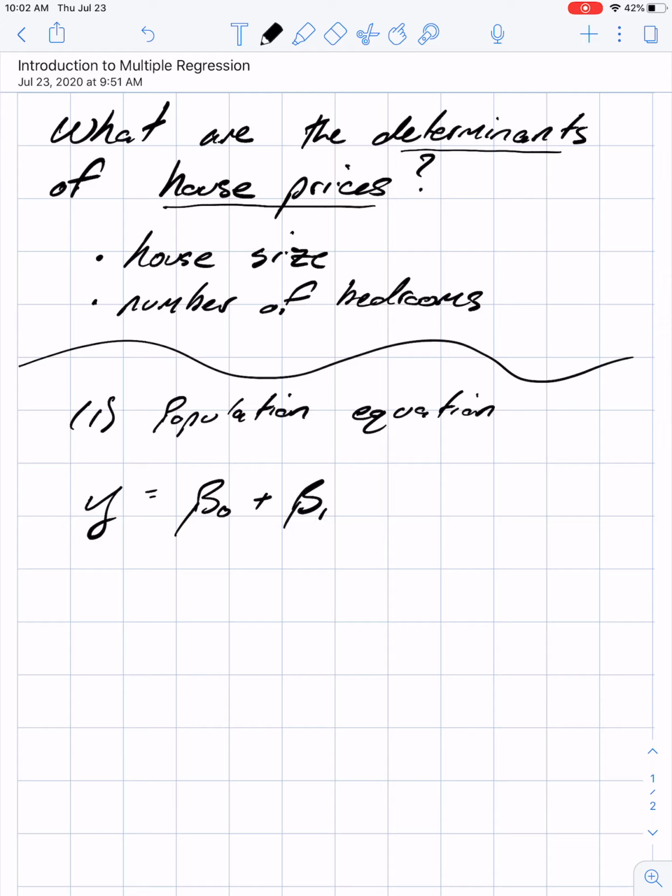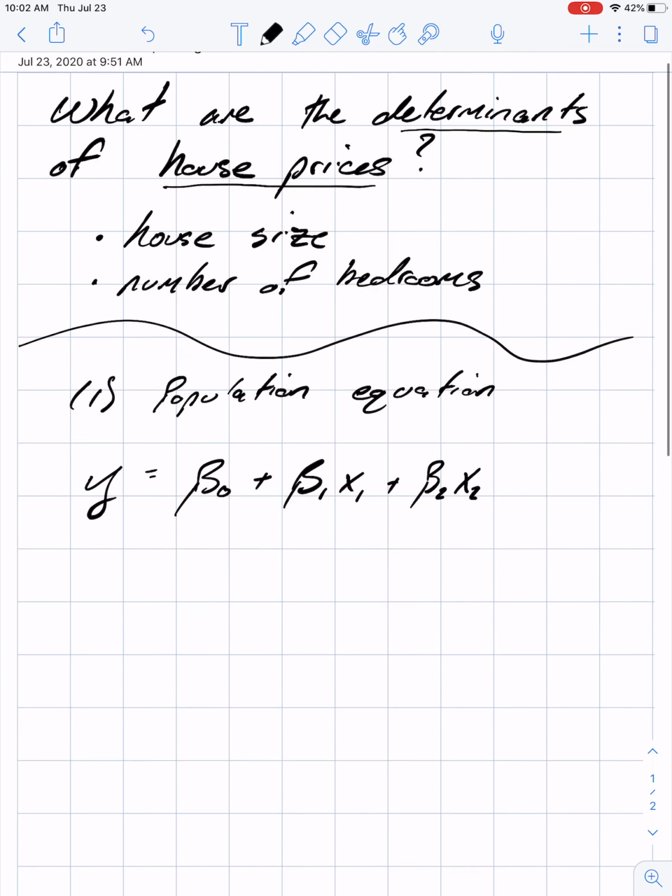Population slope, now beta 1 for our first variable x1. Now notice the only difference so far is I've labeled my first independent variable as x1. Why have I done that? Because now I'm going to keep going. I'm going to put another independent variable in this. So now this equation has two independent variables, x1 and x2.